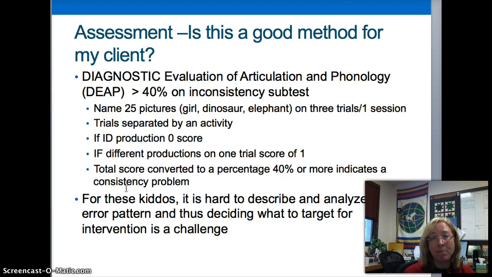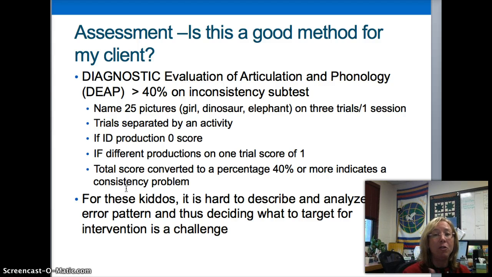You would transcribe that and score that. They would get a score of 1 now because they didn't make it identical to the first production. And then the third production may be go, now a different rendition of girl, then that would be a score of 2. One score was consistent with the target, and then 2 were not.